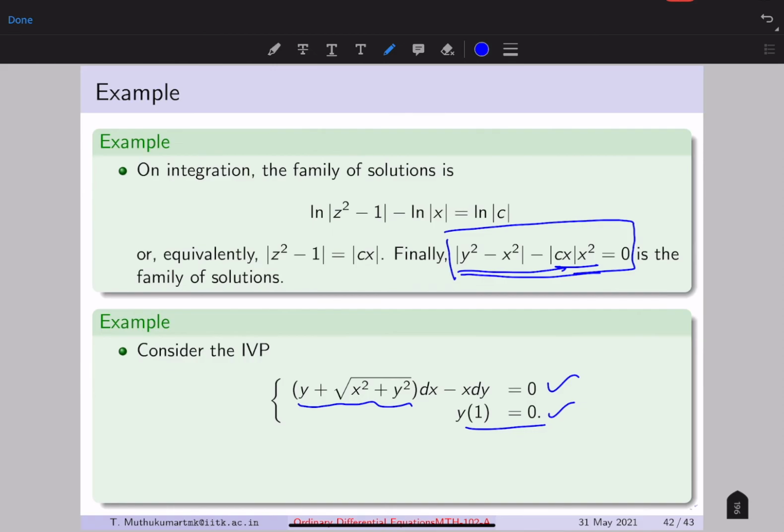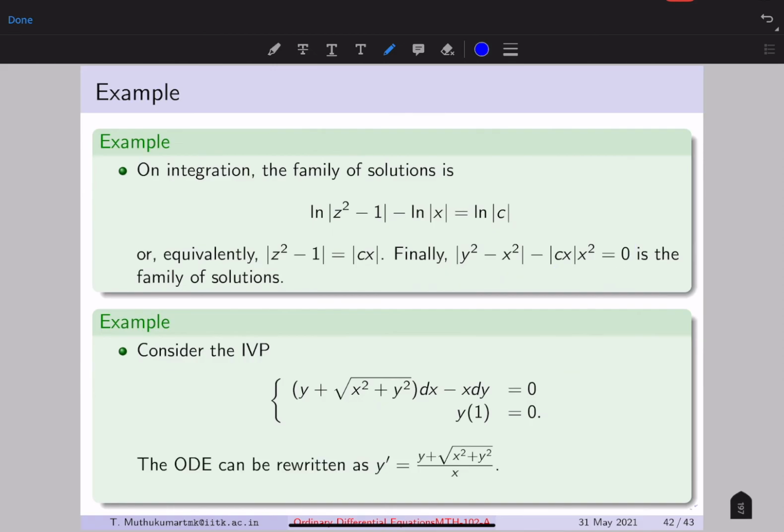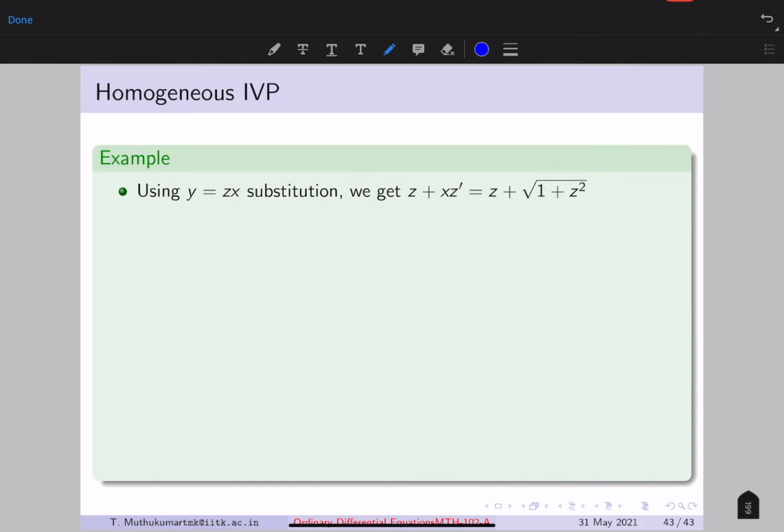So how do we solve it? Just use this change of variables. So we rewrite this in this form. Now use the change of variable y equal to zx, so that the ODE will become this.